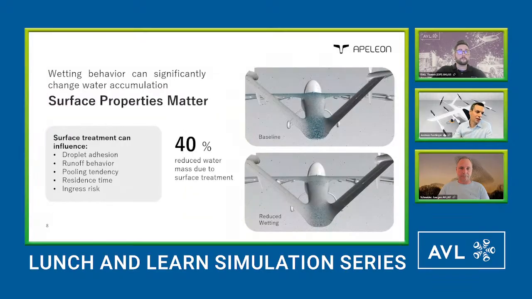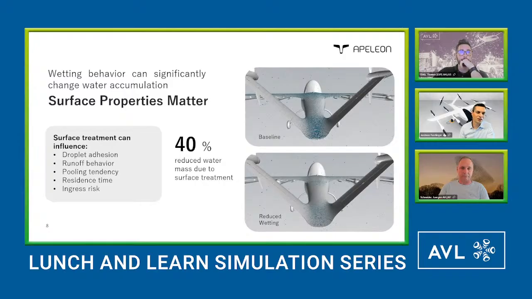Actually, another aspect which I think is also very interesting are the surface properties. So until now, we have mainly talked about geometry, water path, and design changes. But here it's about the surface properties. Droplets do not simply slide off the same way from every surface.